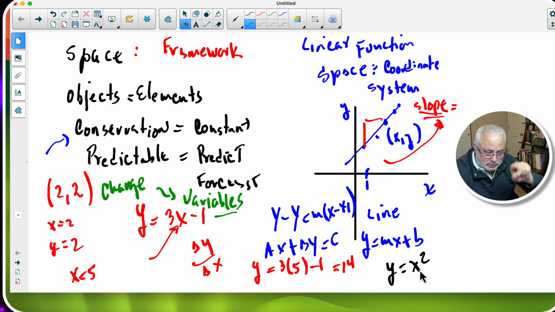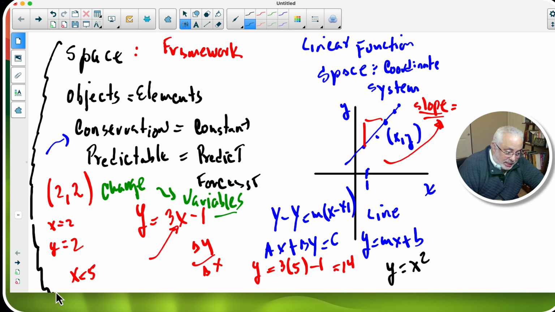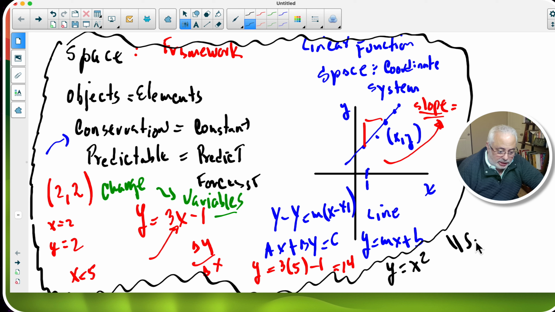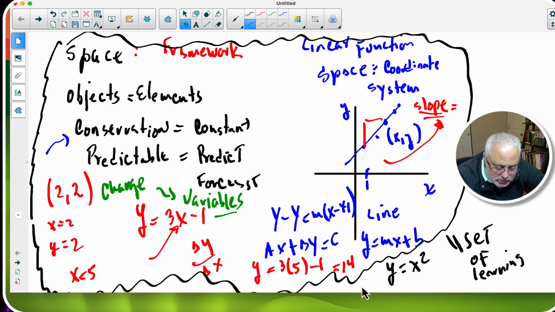If they learn the framework here, the objects, and this is what I call a set of learning, linear functions, and you come up with y equals x to the power of 2, the student says it's another object, but it's not an object that belongs to that set.